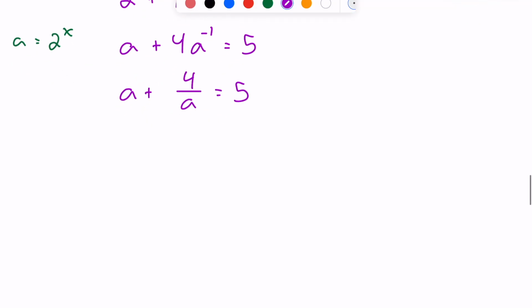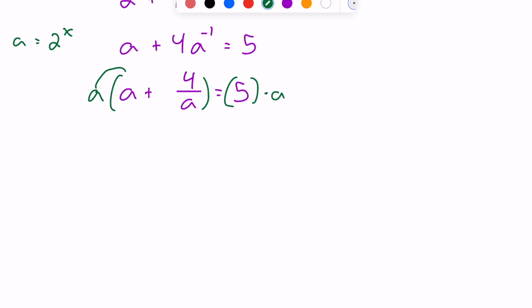Well, how do I get rid of this fraction here? In order to get rid of the denominator, I want to multiply this term by a, because we don't like things on the bottom. But I can't just multiply this by a. I have to multiply everything, left side and right side, by a.